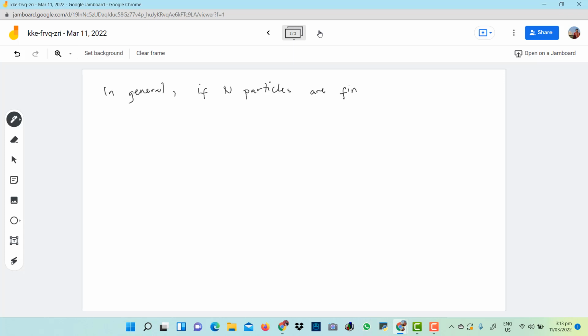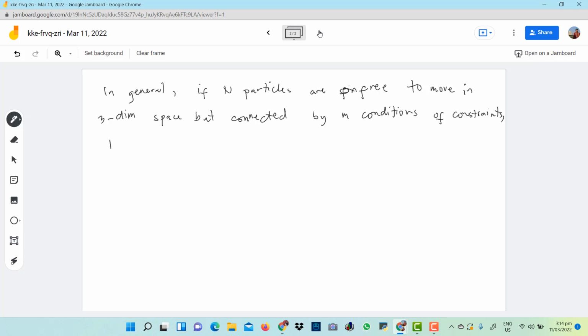If n particles are free to move in 3 dimensions, but connected by m conditions of constraints, or equations of constraints.